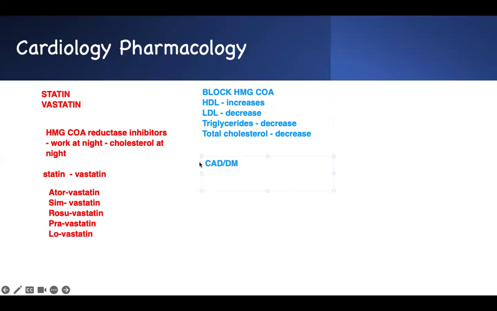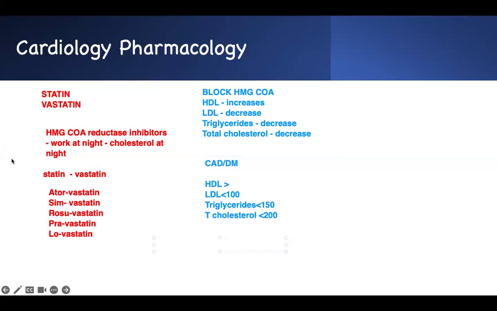We want to get you to a place where your HDL is at least greater than 50, your LDL is less than 100, your triglyceride is less than 150, and your total cholesterol is less than 200.